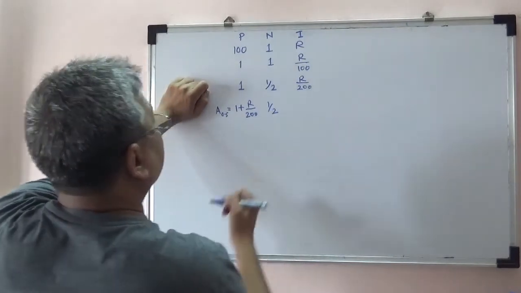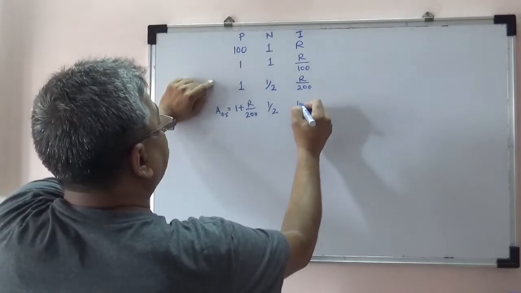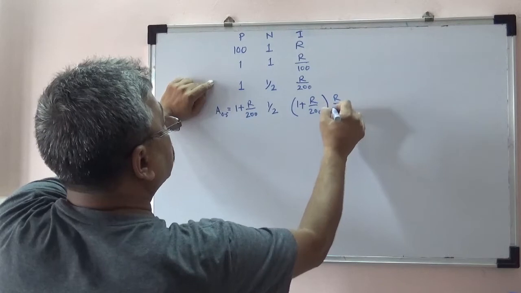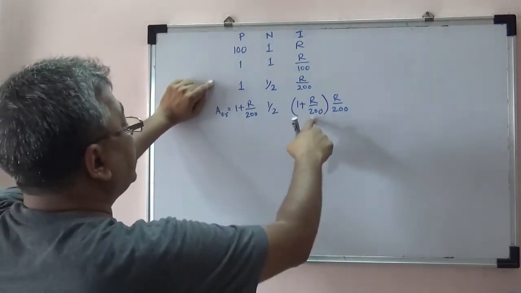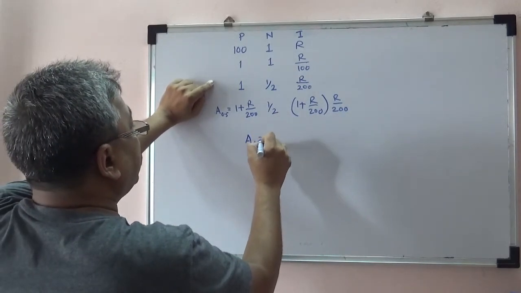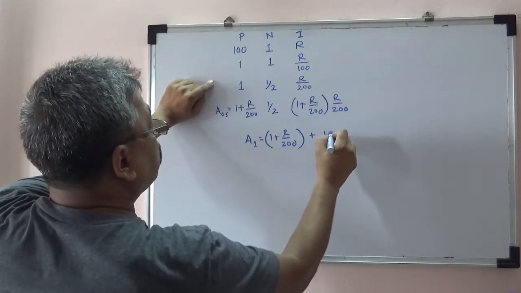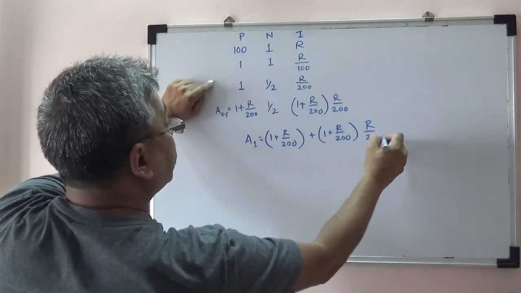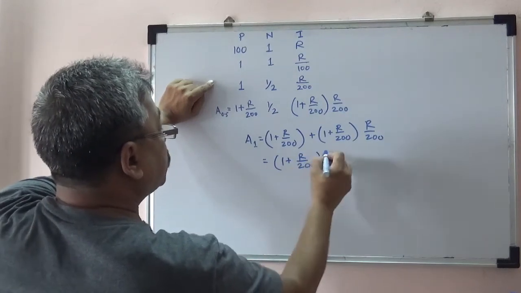Again we keep it for half year, and at the end of 1 year I will get 1 plus R upon 200 into R upon 200 as interest, and therefore if I really calculate that this is the interest and this is my principal, therefore amount after 1 year will be 1 plus R upon 200 plus 1 plus R upon 200 into R upon 200, which becomes 1 plus R upon 200 raised to 2.